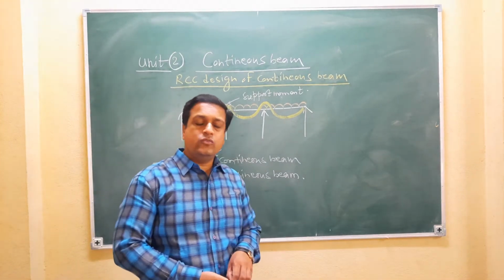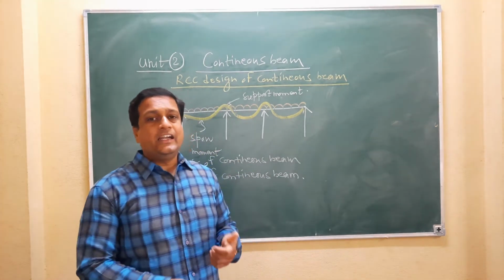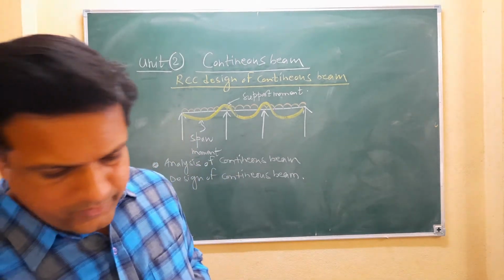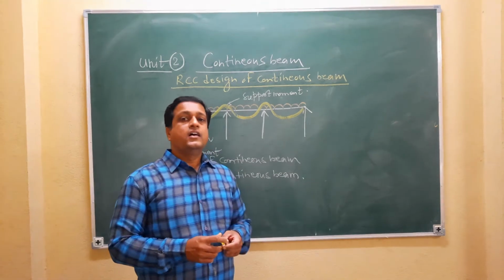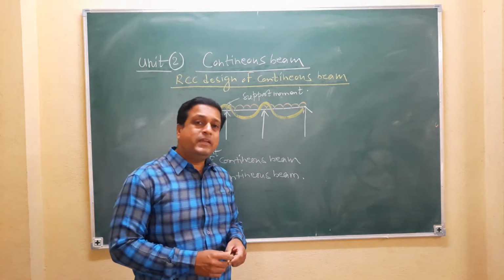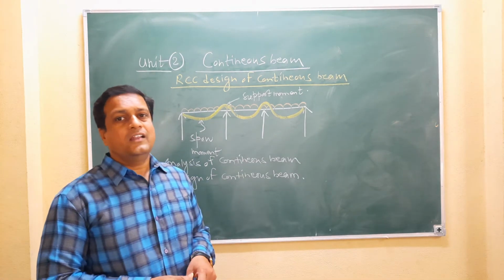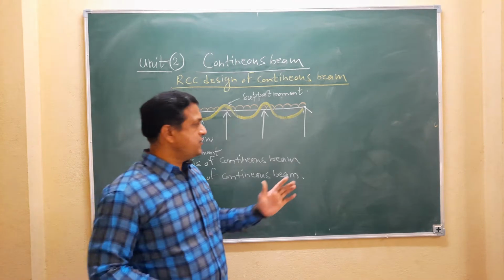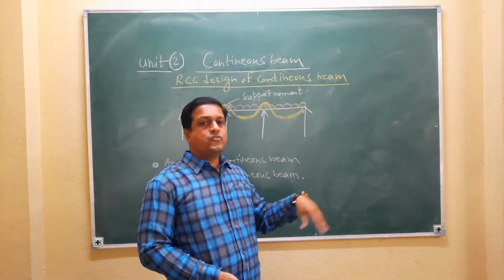Already I have told you the continuous beam is the best example of an indeterminate structure. So what is an indeterminate structure? An indeterminate structure is a structure which cannot be analyzed using our main equilibrium conditions, that is summation Fx equal to 0, summation Fy equal to 0, summation M equal to 0.